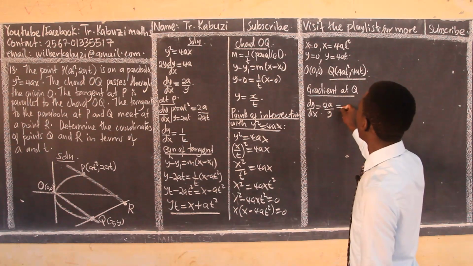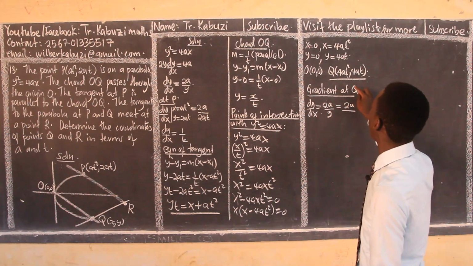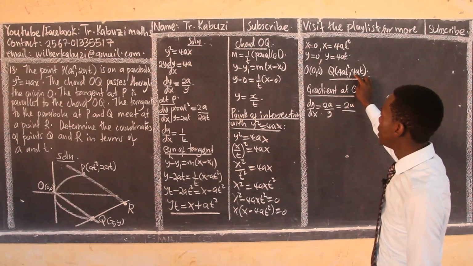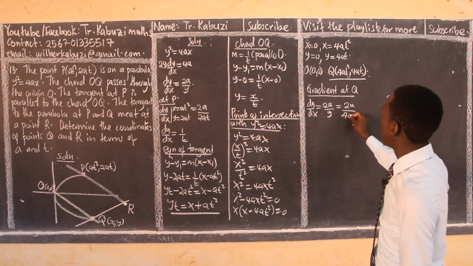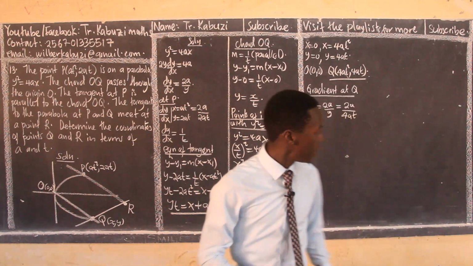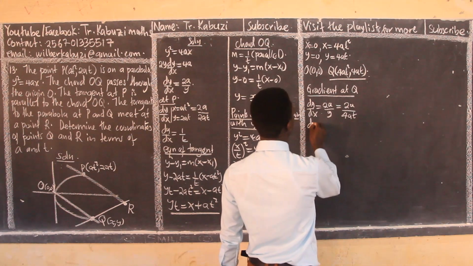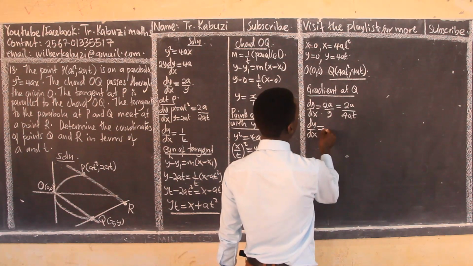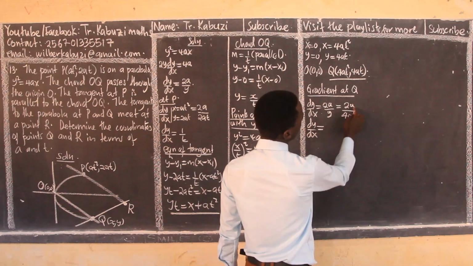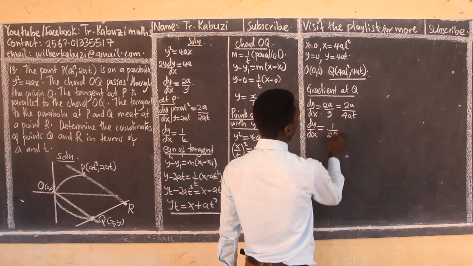At Q it will be 2a over, I put in the y at this point, which is 4at. If we simplify, our dy/dx will be equal to 1 over 2t.